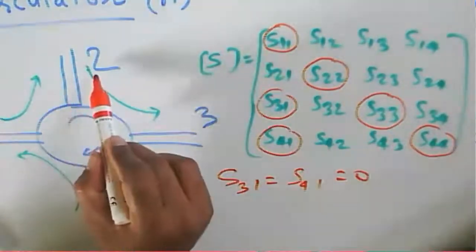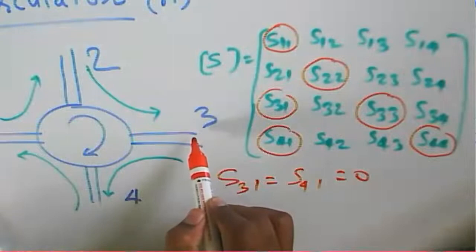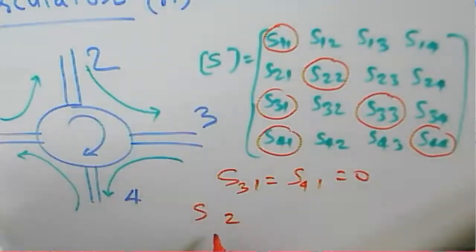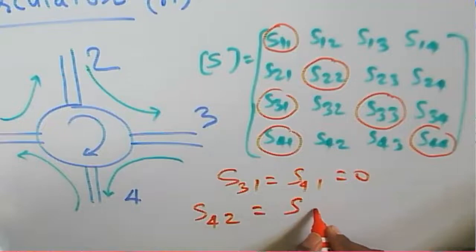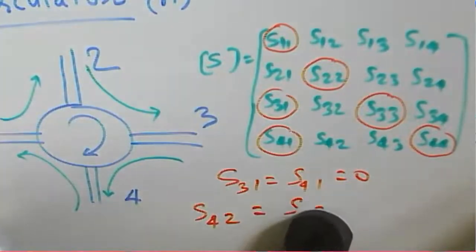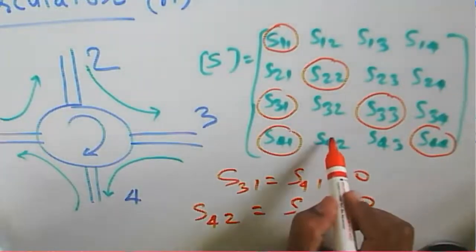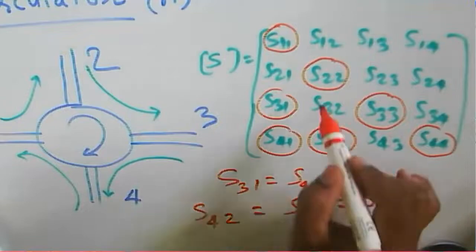If we are providing the input to port 2, power is available at port 3, no coupling at port 4 and port 1. So S42 will be 0, S12 will be 0.